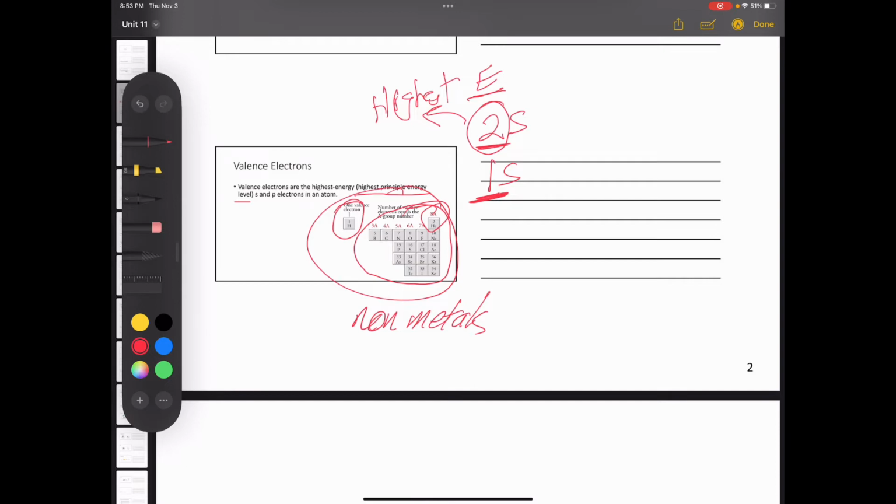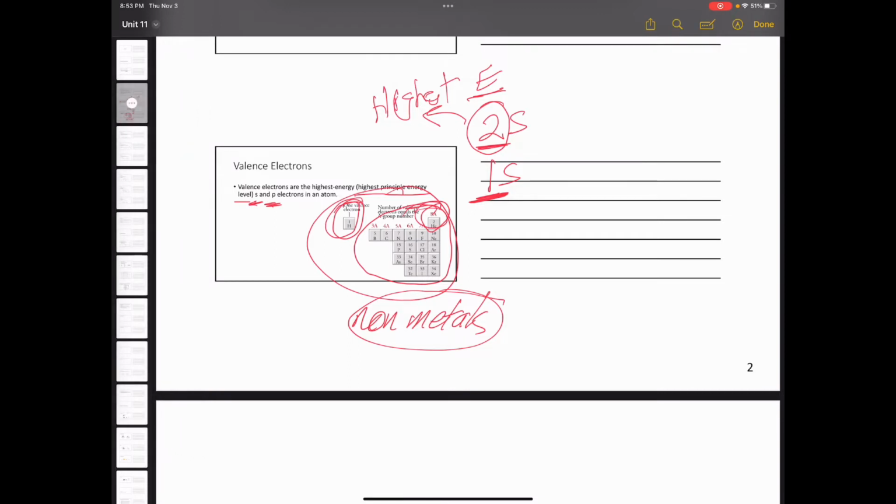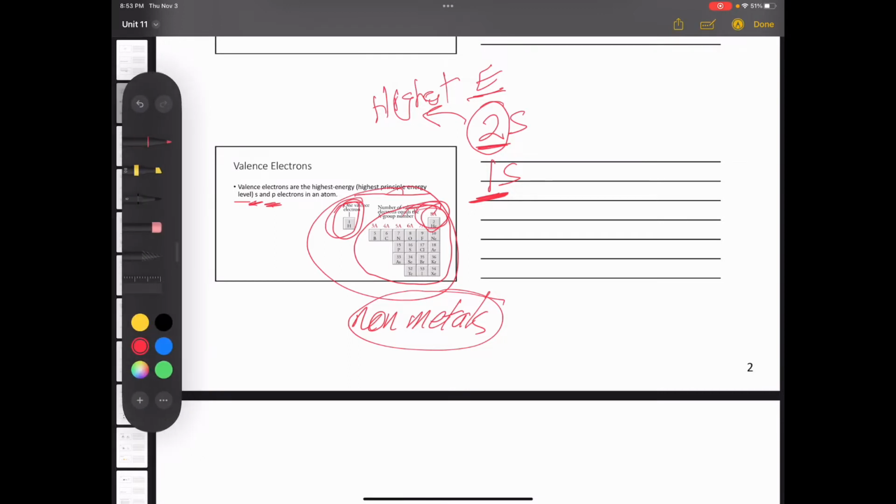So for covalent bond molecules, the highest principal energy level means we're talking about the s and p electrons in the atom. And the reason it's s and p electrons, as I said, is because all the nonmetals belong to the p block or the s block of the periodic table.